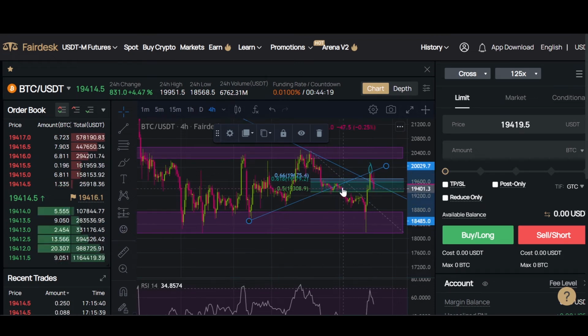Trend lines can be retested several times, and not only right after the breakout. In this case, there was a confluence with this local resistance zone, but by itself, it wasn't such a strong point of resistance.